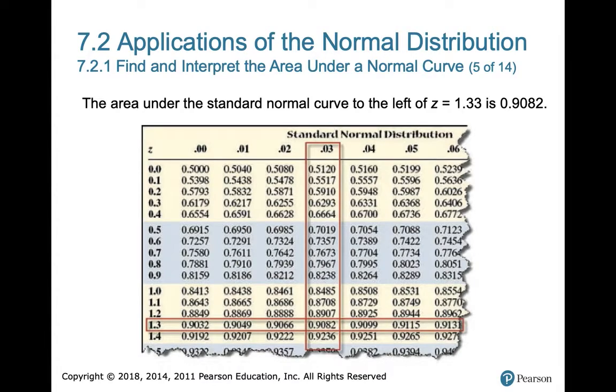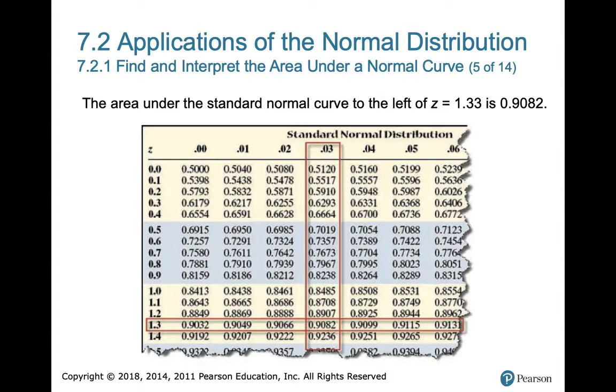If we're then wondering what percentile are they in, what percent of the population is that IQ score higher than the rest of the population, we can use tables that look like this. So along that left-hand side, we're going to start with z equals, and we're going to go to 1.3, and then we're going to go over to the 0.03. That would make 1.33.